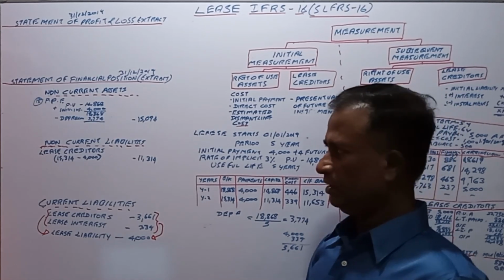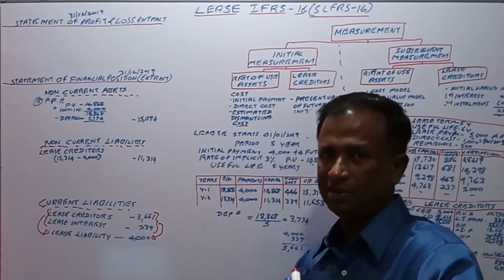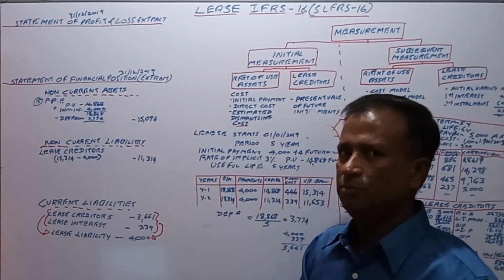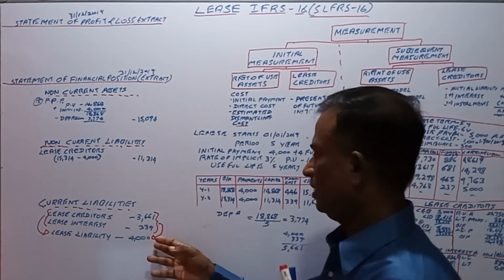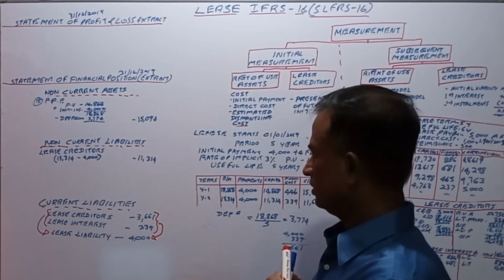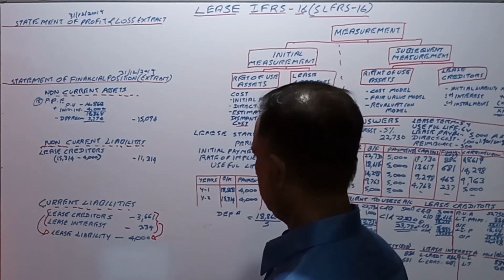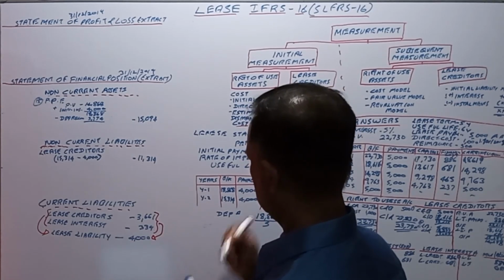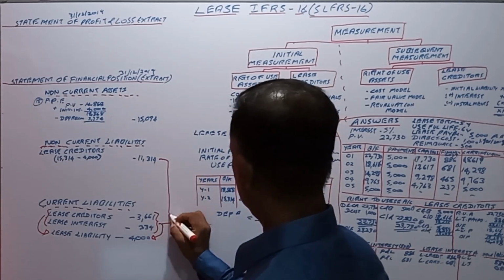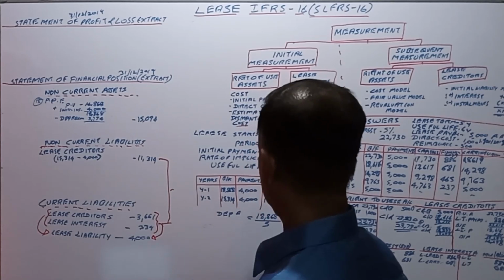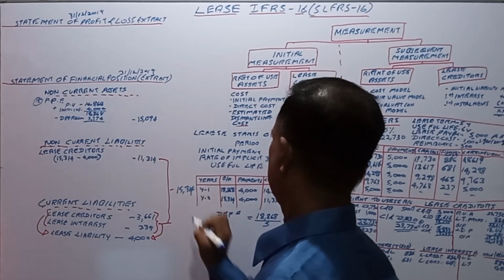Next year's lease installment payment is our current liability. That's what we are showing separately as current liability, right? So if you add these two, then you will arrive at 15,314.